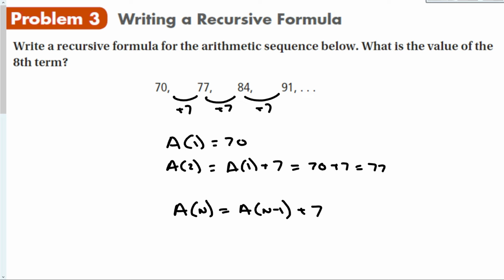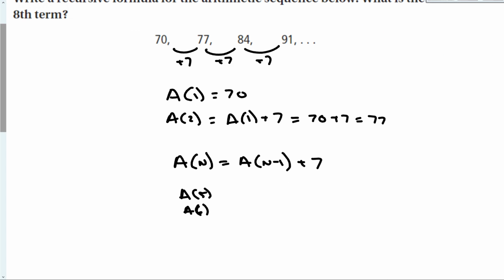Now to find the eighth value, I'm going to need to find a of 5, a of 6, a of 7, and a of 8, because I have 1, 2, 3, 4 right there.